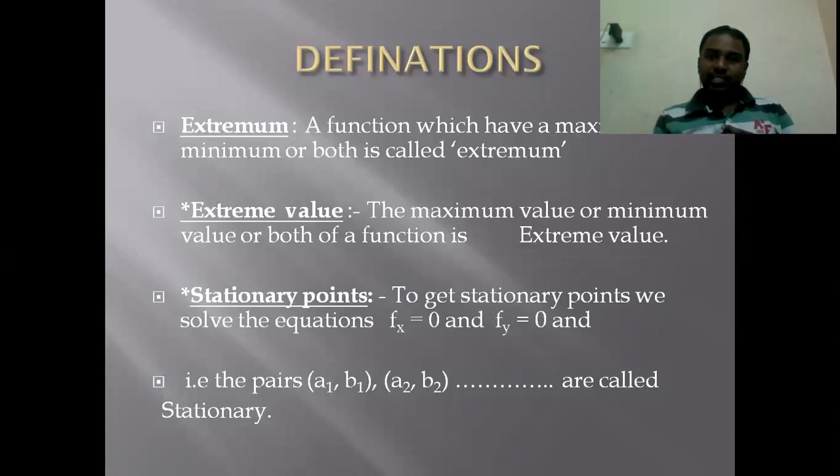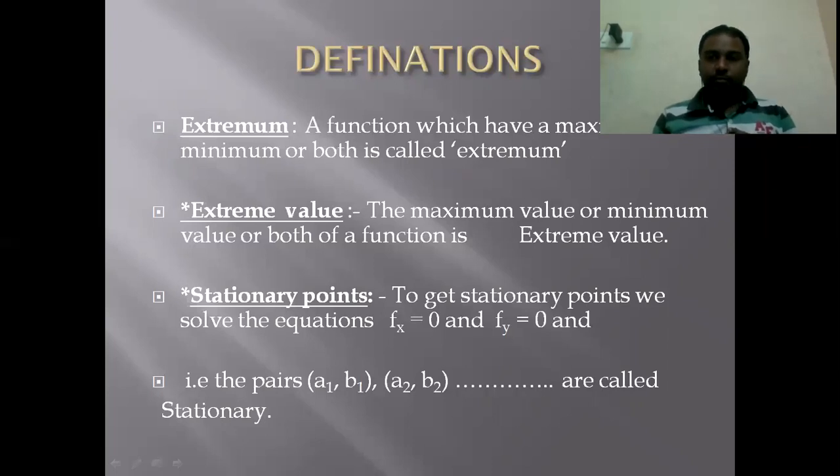So a function which consists of a maximum or minimum, or maybe both, is called an extremum. An extreme value may be a maximum value or a minimum value or both of a function. Simply, it will be called an extreme value.